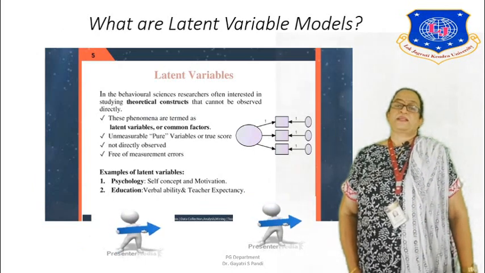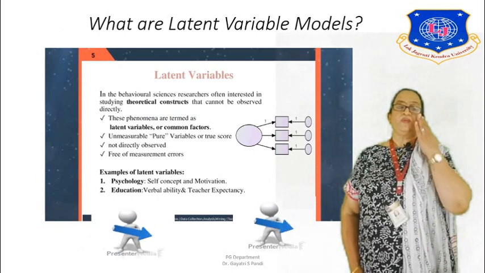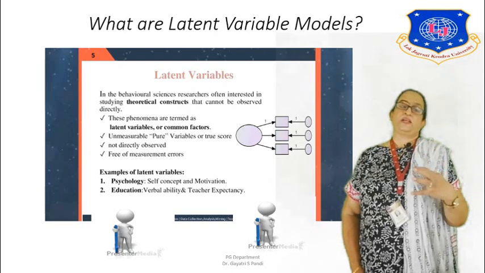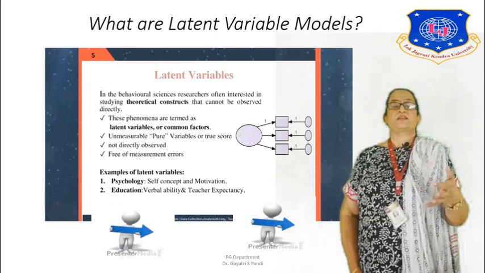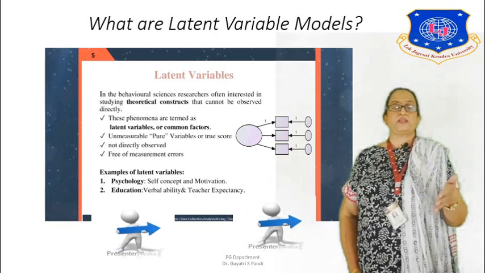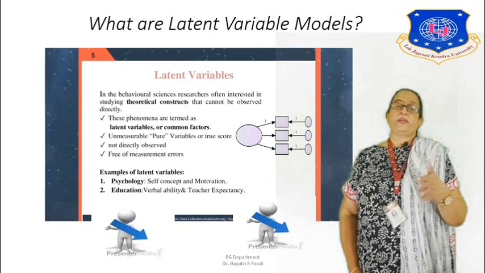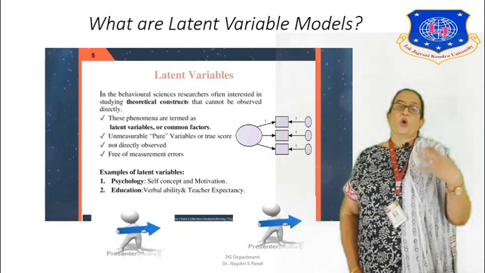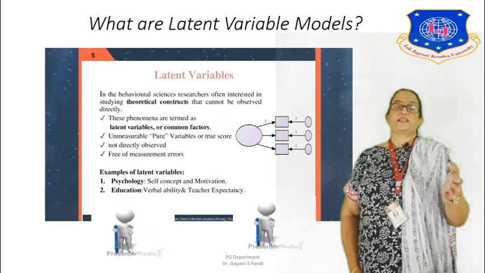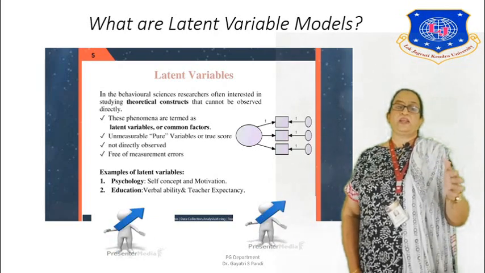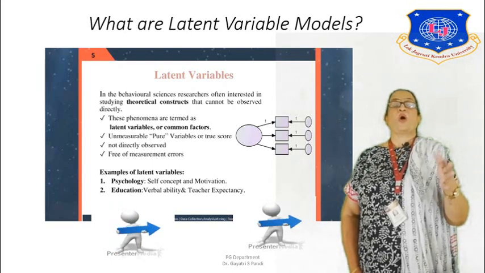Now, what are latent variable models? Let us consider an example in behavioral science, where researchers are more interested in studying theoretical constructs that cannot be directly observed. This phenomenon is referred to as latent variables, or certain common factors.